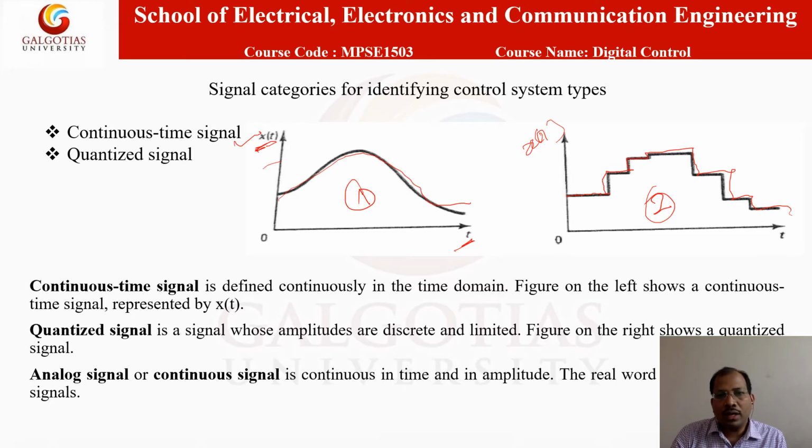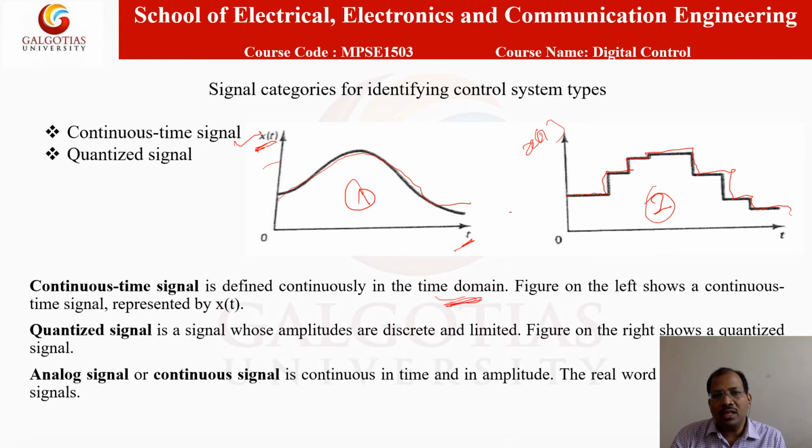The analog signal is applied to the sampler, the sampler output is applied to the quantizer, and the quantizer gives approximate data values in this form. A continuous signal is defined continuously in the time domain.